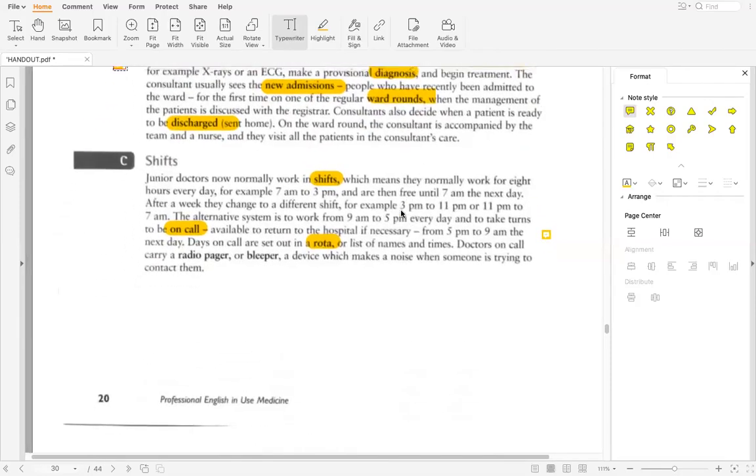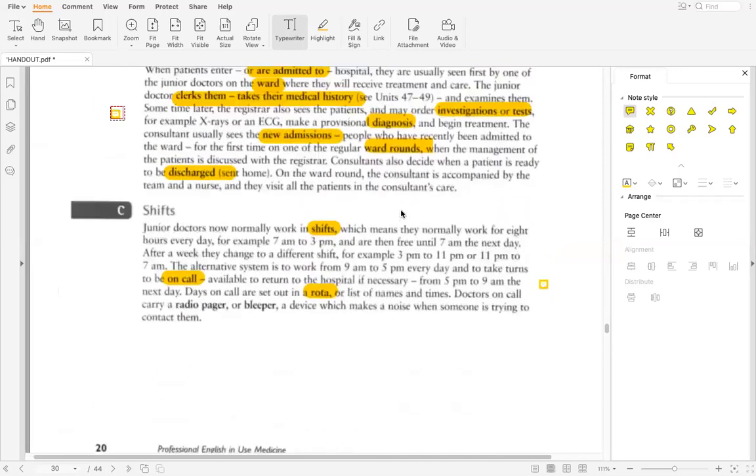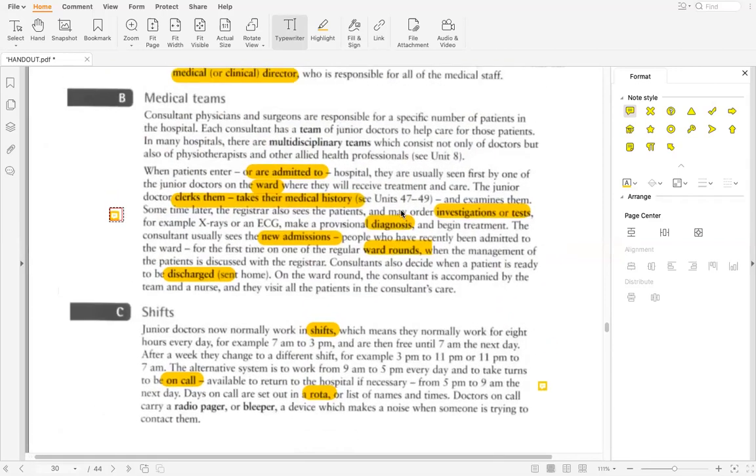Shifts. So here, before moving to the next part, we have the word, the verb admitted to means to get in the hospital. We have discharge means get out of the hospital, to be sent home. We have the word ward. We have clerk.